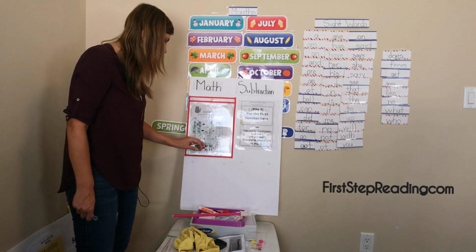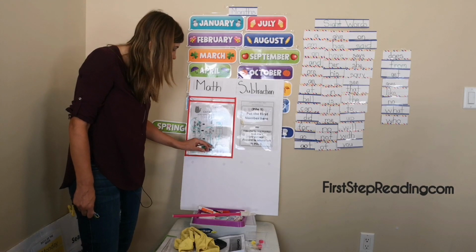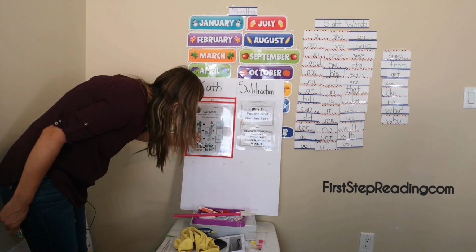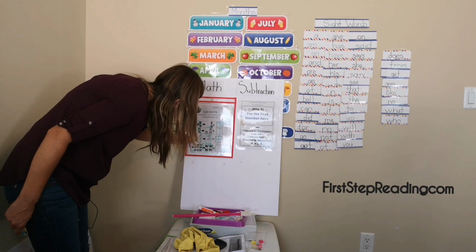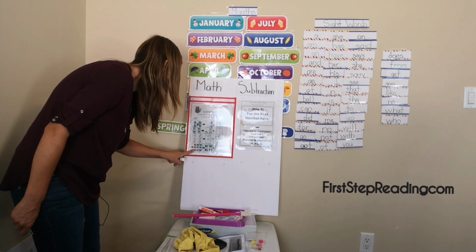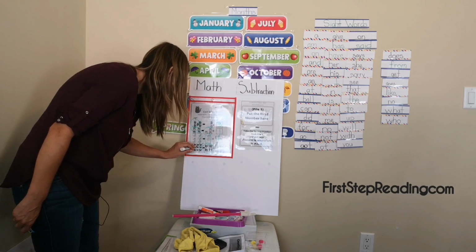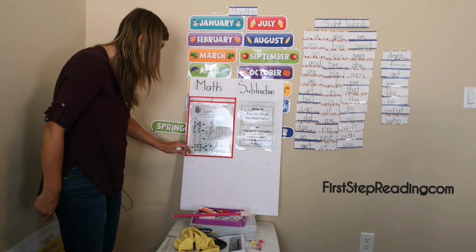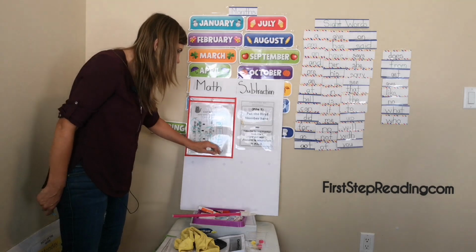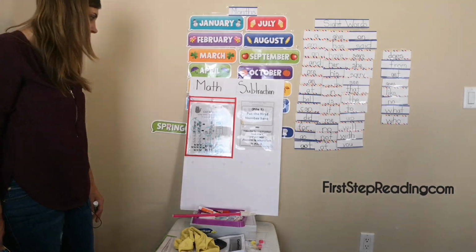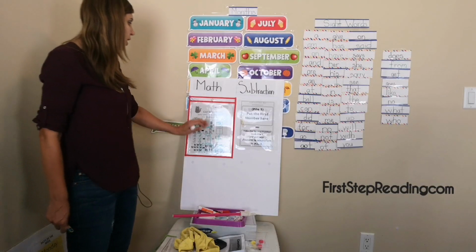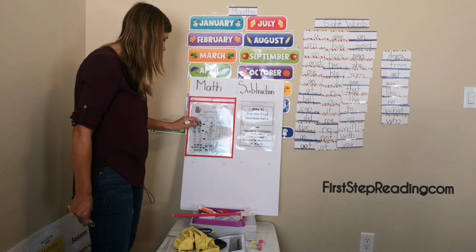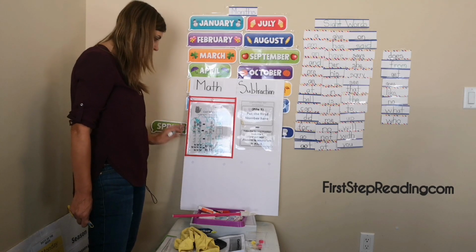And how many leave? 4. 1, 2, 3, 4 leave. Cross off 4. How many are left? Count how many I did not cross off. 1, 2, 3, 4, 5, 6. 6 kitty cats. Okay? This tells you how many to cross off from the first pile.